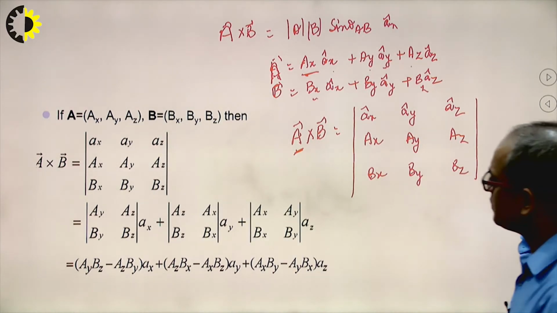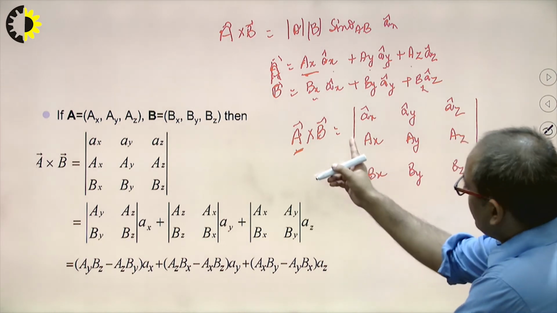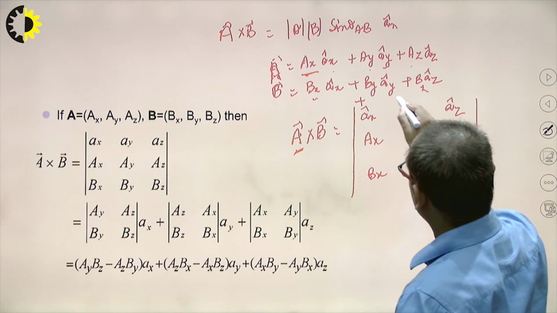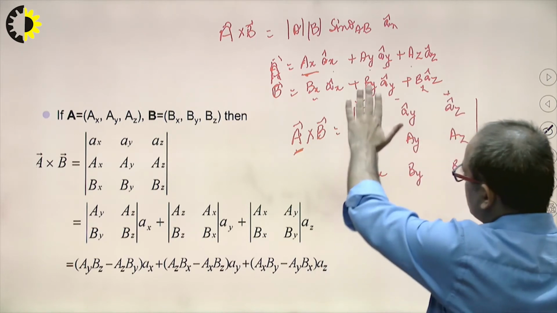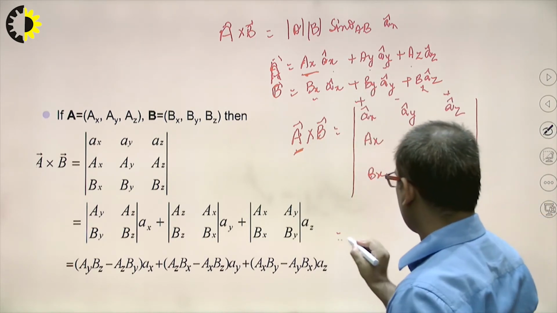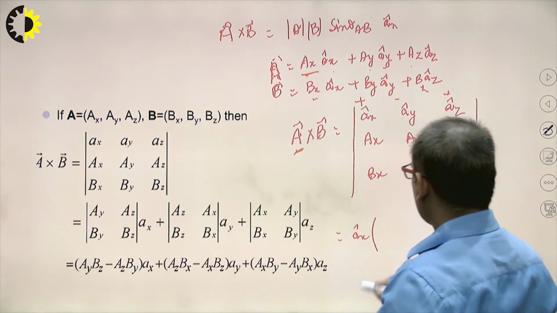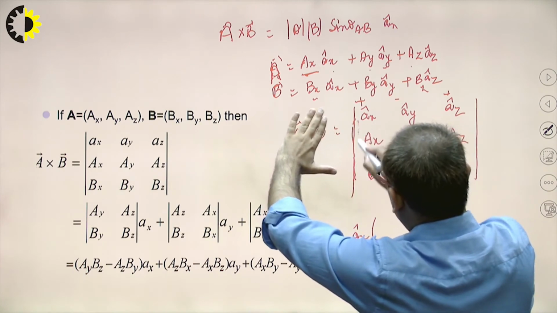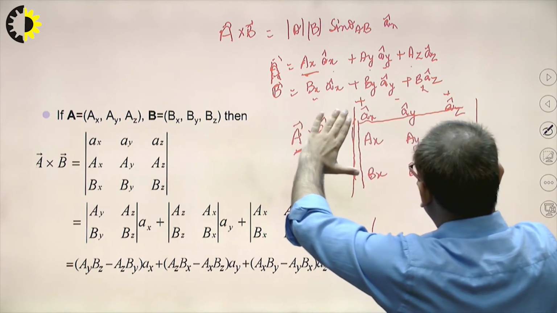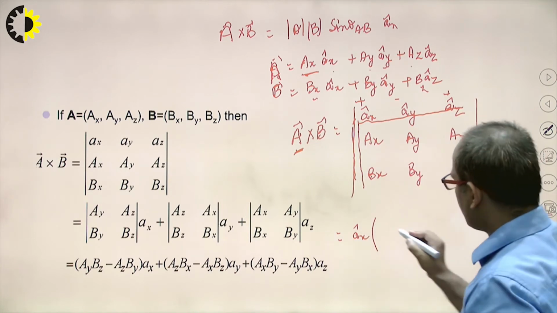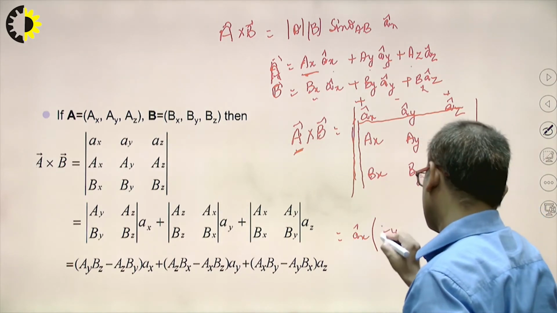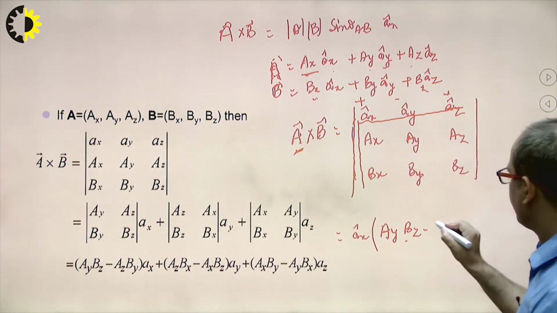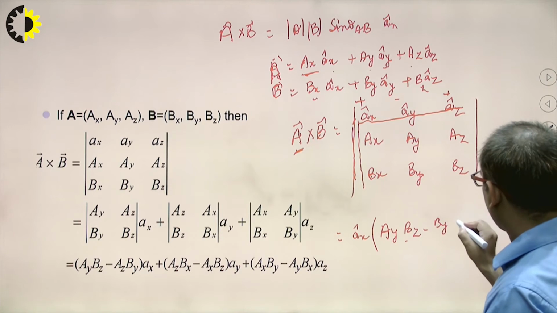Clear? Now see, multiply these two vectors. First we will see it is plus, minus, plus. First see a cap x. Now see this one: a cap x times ay bz minus by az.